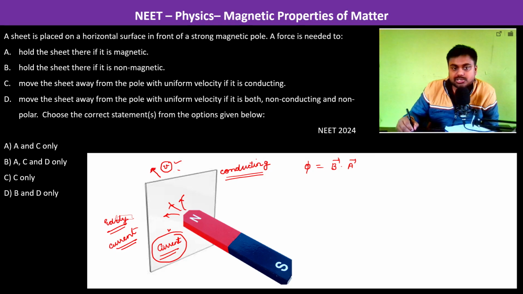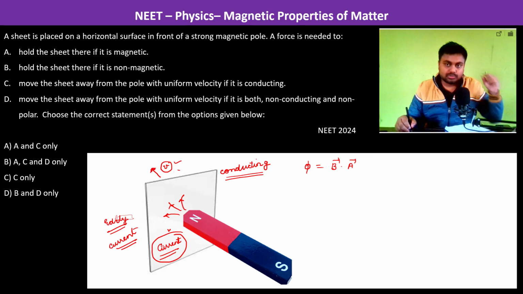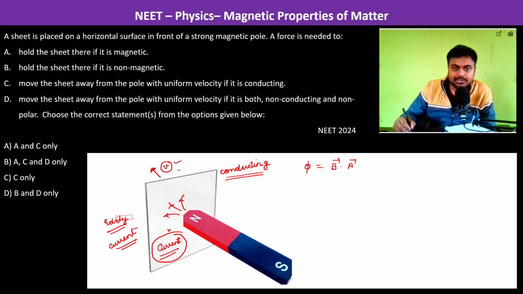So since it is going away, due to the eddy current and the Lenz's law, it will oppose the factor which is producing change in the magnetic flux.